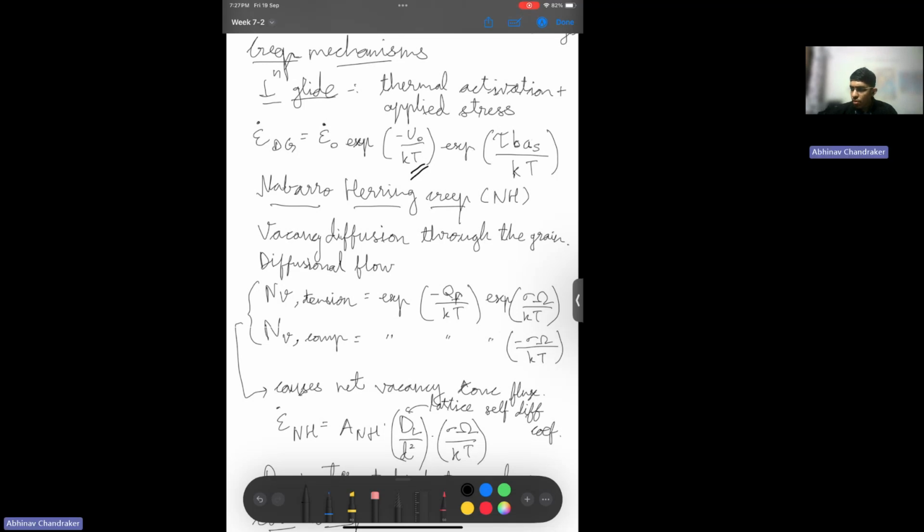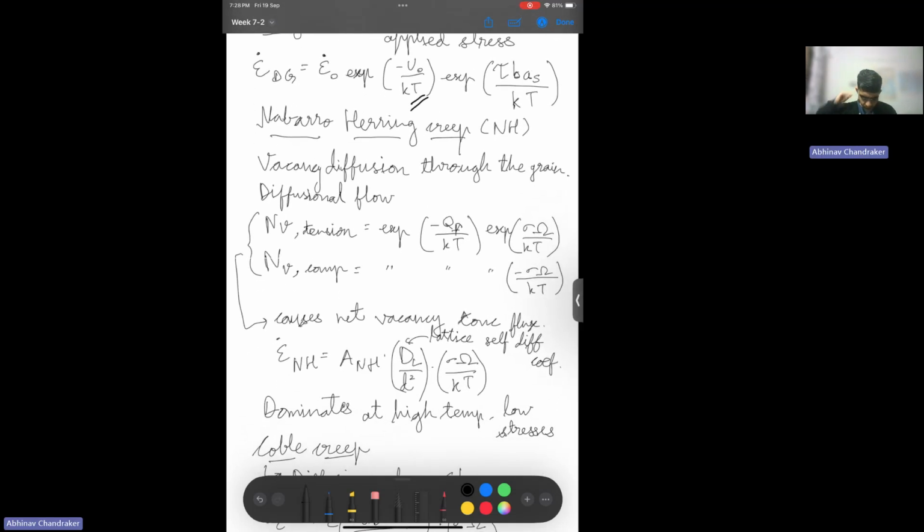So due to tensile stresses which have been applied while loading, there will be a flux of vacancies from one region to another within the grains, and that will cause strain.